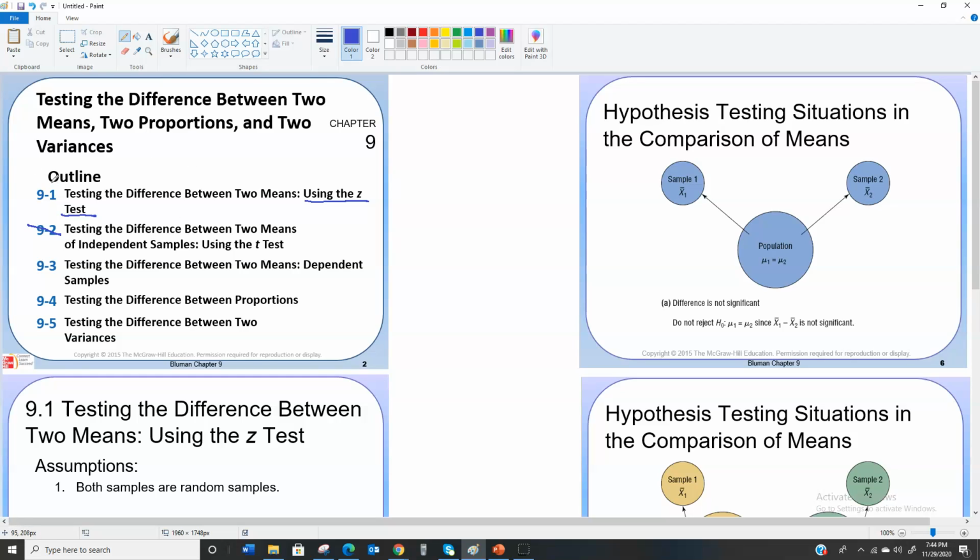So we're only going to cover really 9.1, but that's in your homework, that's 9.1 and 9.2. Because in the new edition book, in the 8th edition book, 9.1 is actually like an intro to testing the difference between two means, proportions, or variances, and 9.2 is testing the difference between two means. So in the new edition book, this is 9.2 and 9.1 is just like an intro.